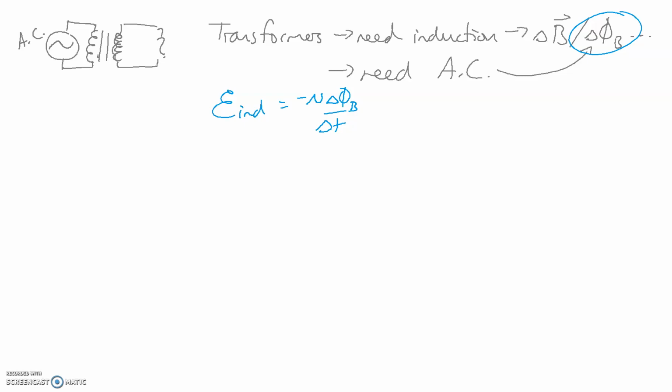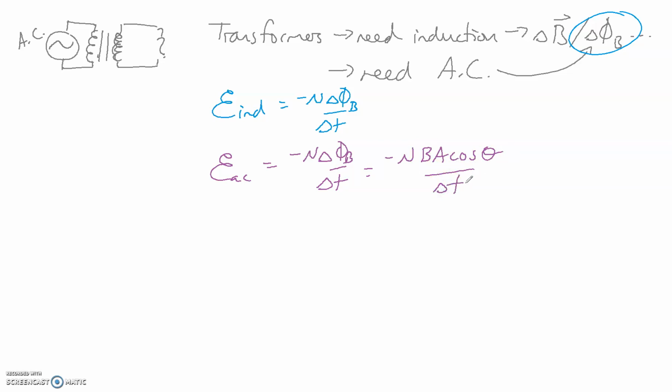If we're going to modify this for induced AC EMF, we're actually going to start with the exact same expression. We're going to start with that negative N change in B over change in T. And we can even expand out that whole flux thing, which would be negative N, and then B A cos theta divided by delta T, something like this.